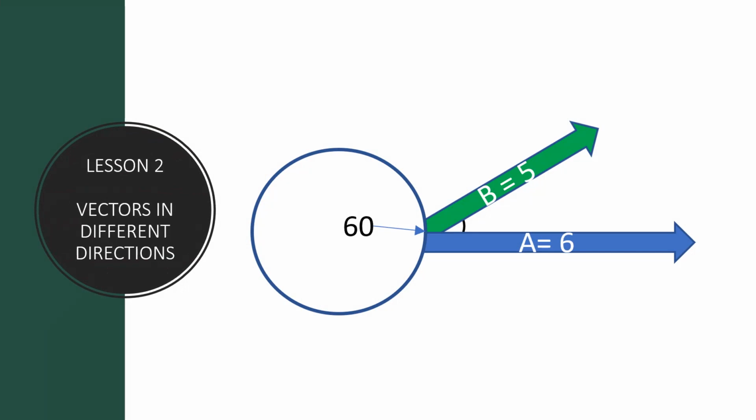Vectors in different directions. As you can see from the diagram here, these vectors are not exactly aligned. The good news is that they face approximately the same direction, which means that there is a component of the non-aligned one, which is the green vector, that augments the blue one.